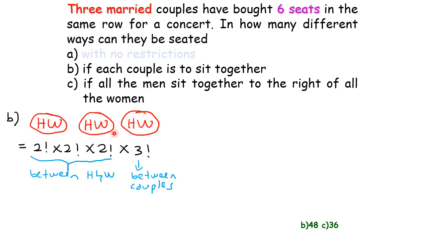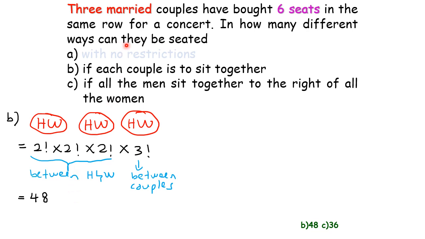And then lastly, 3 factorial means between the couples themselves. Okay, how we arrange. So maybe the first couple wants to be on the left, maybe in the middle. So that's why we have 3 factorial we have to consider. So we multiply all this, and then we get the total arrangement will be 48.